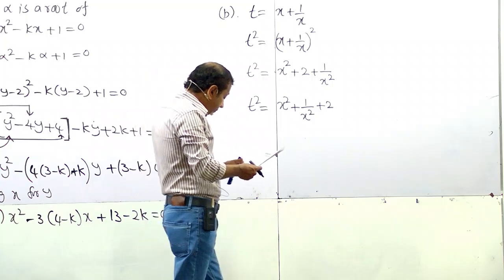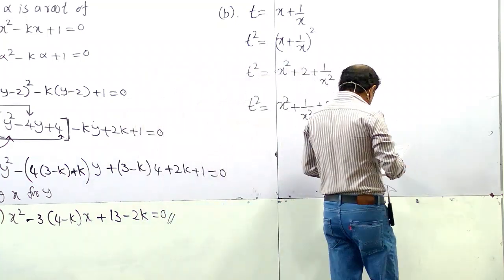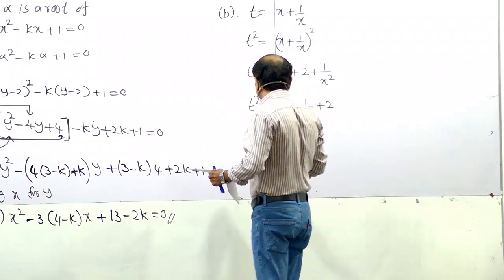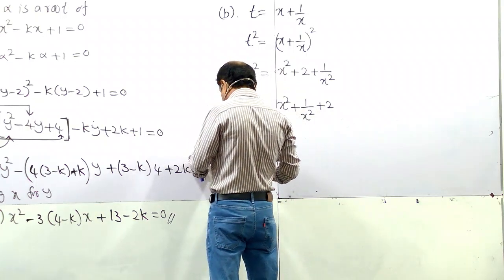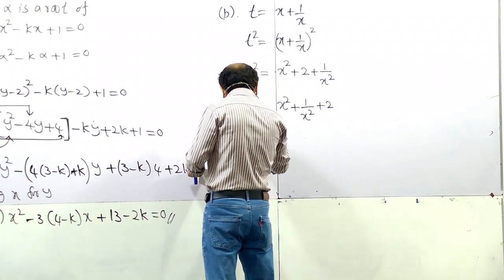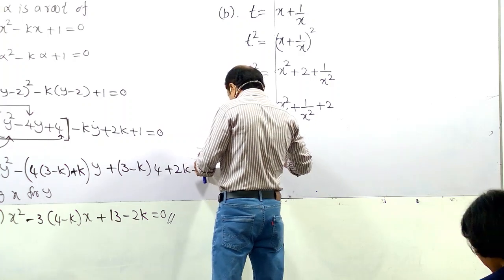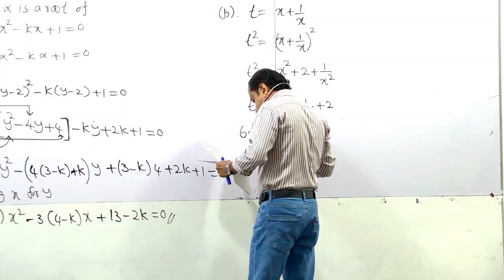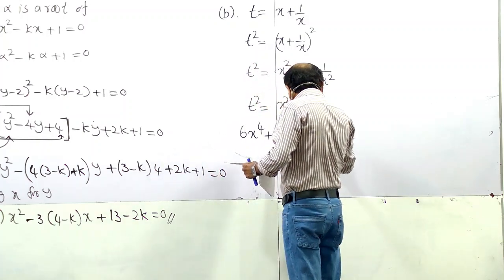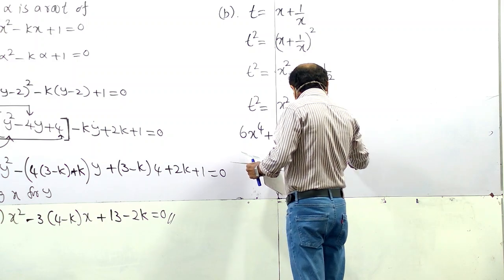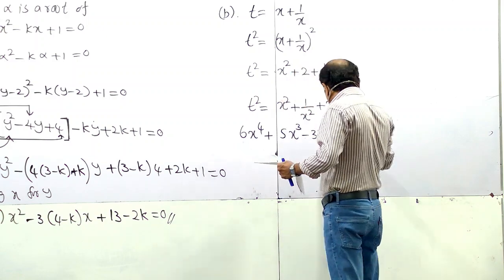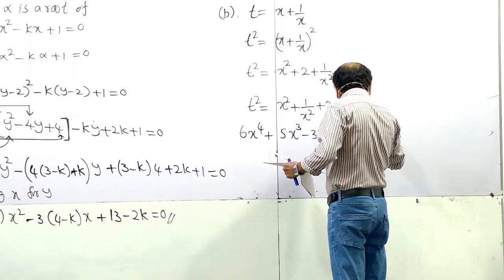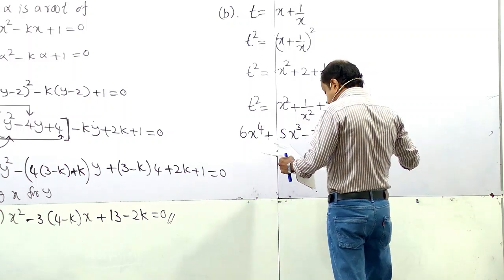Now we are given part B, another equation like this: 6x to the fourth plus 5x cubed minus 38x squared plus 5x plus 6 equals 0.